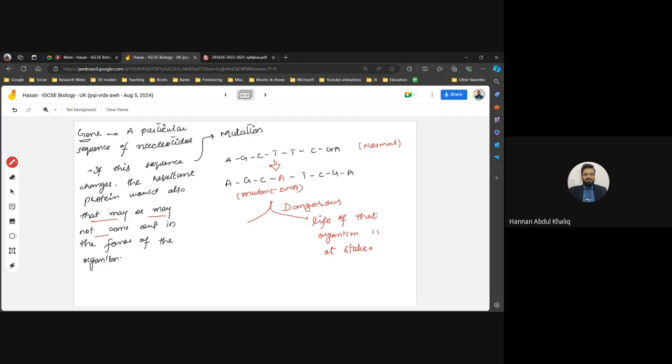If it is useful, it will make the organism even fitter. Sometimes the change does not matter that much.